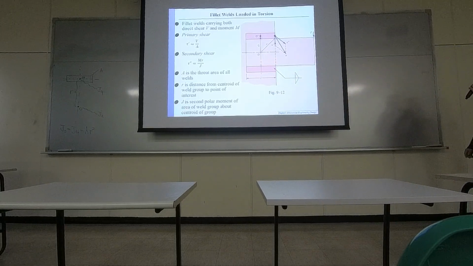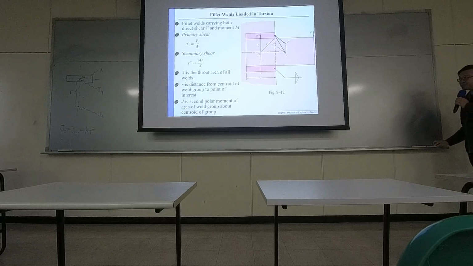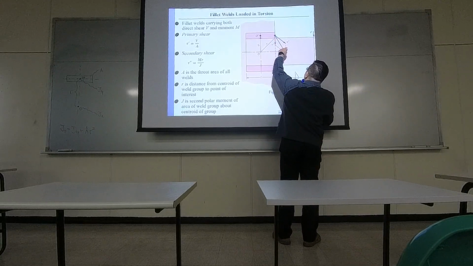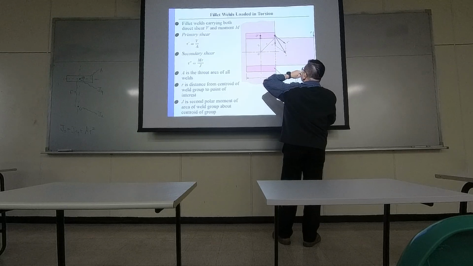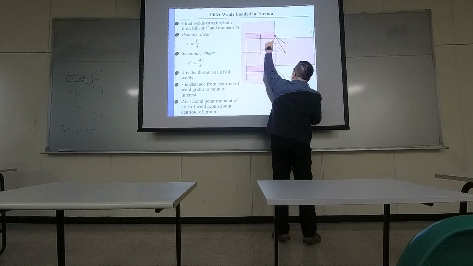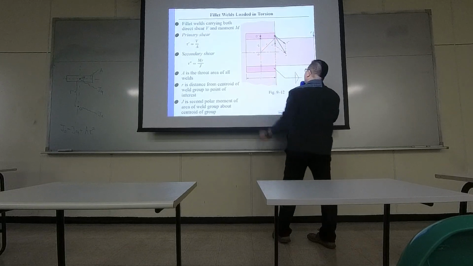So if you try to compute this kind of rotational load, it's going to have a rotational shear. This torsional shear is going to be perpendicular to this radius from the rotational center to the investigated point.